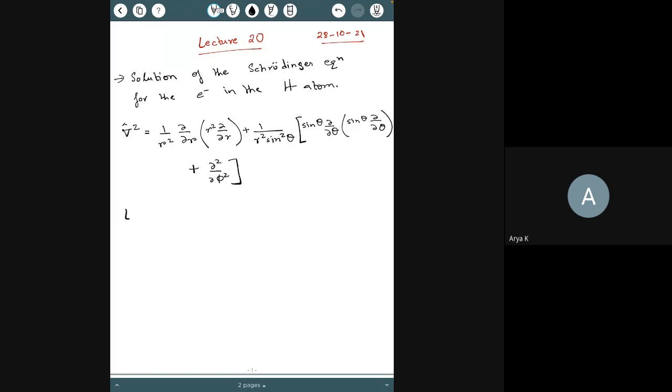And we have seen that the L squared operator looks like minus h bar squared times something very similar to the angular part of the Laplacian, which is 1 by sine theta del del theta of sine theta del del theta.